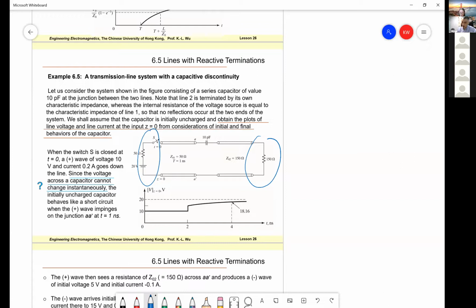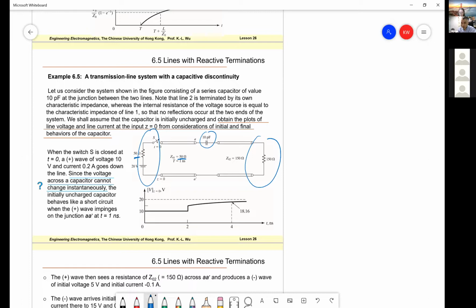We have a capacitance located in the middle of the transmission line. Because the material is different on both sides, on the left-hand side the characteristic impedance is 50 ohms, which matches the source impedance.